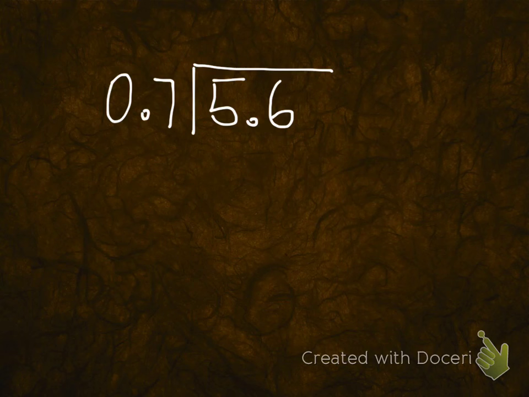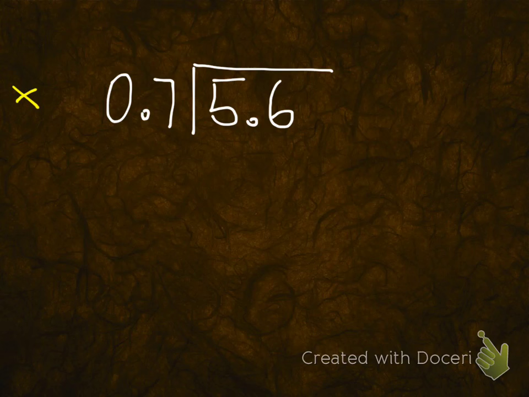For example, it may be difficult to understand if we have 5 and 6/10 and we're trying to divide it by 7/10. Since we've never really been shown how to divide decimals, we have been shown how to divide whole numbers. Now, what we could do here is we could take this divisor and turn it into a whole number.